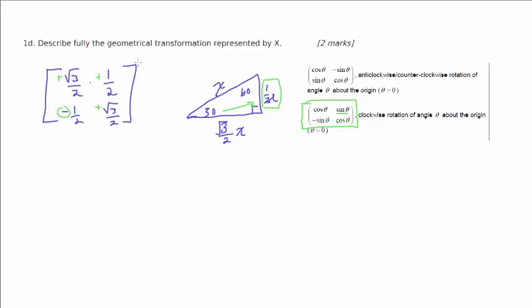So for this geometric transformation, I'm given this information: it's a clockwise rotation of 30 degrees, which I figured out based on this right triangle, and it's about the origin.